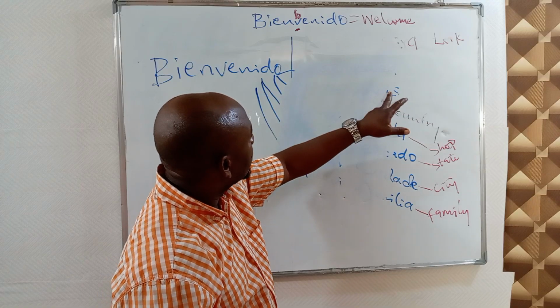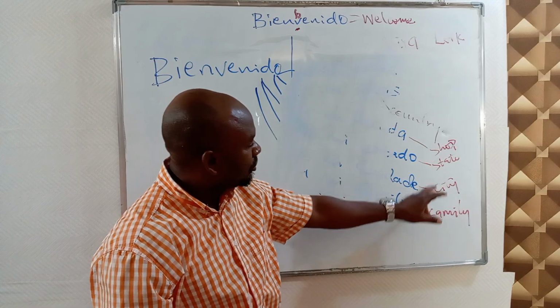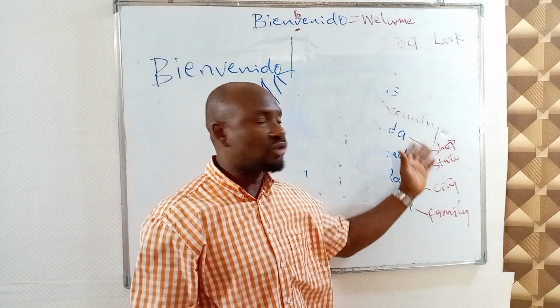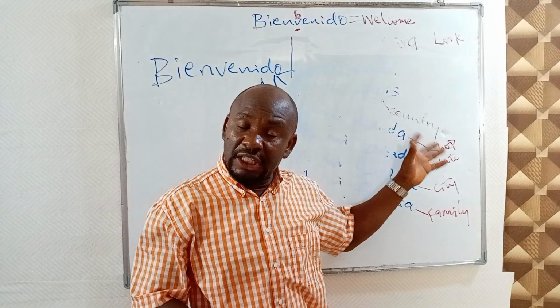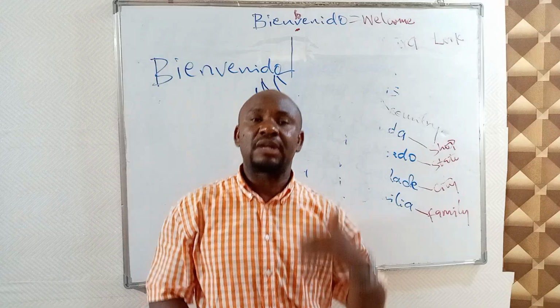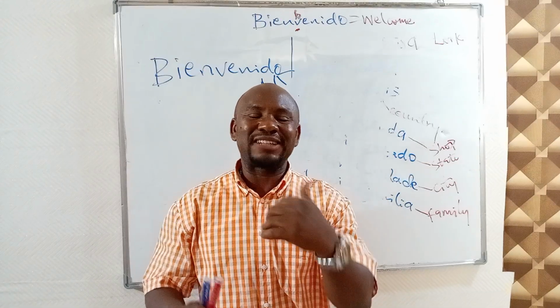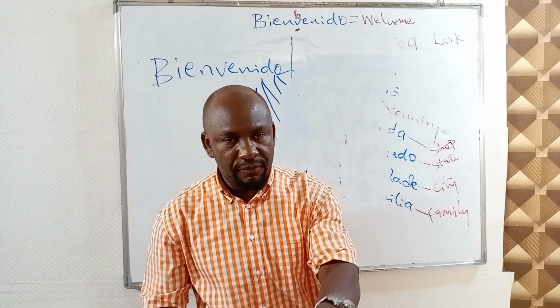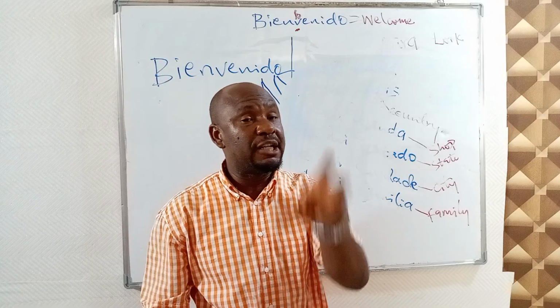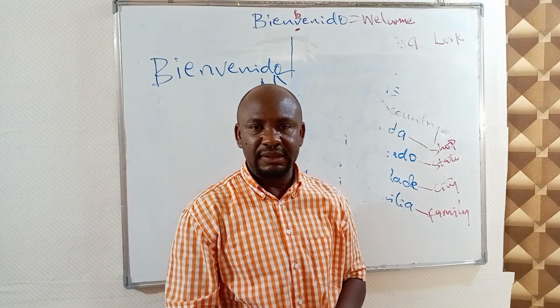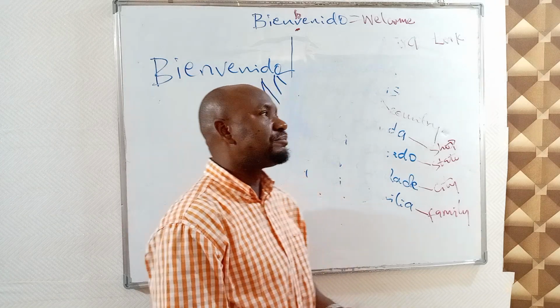Siete. Seis palabras. So 6 words here. I want you to make your own sentences. 6 sentences we have here. Make your extra 6 to make it 12. If you can expand it, make it 20. That's your assignment.